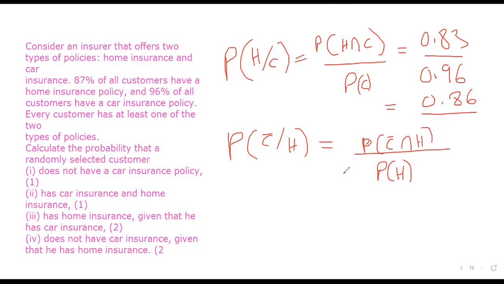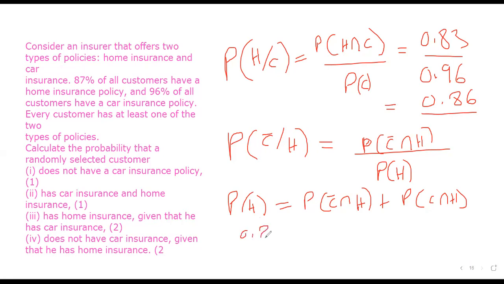Whenever you have a complement, this is theorem 2. If the complement is on C, the subject should have been H. So H is equal to C intersection H plus C complement intersection H. If the subject is H, the complement is on the other letter, C. So we have the probability of H as 0.87.